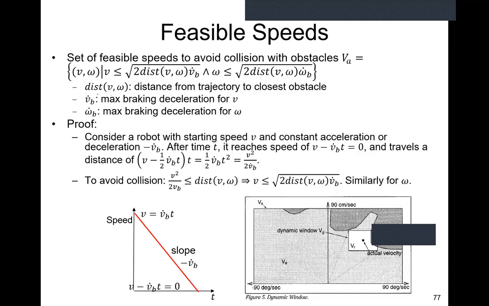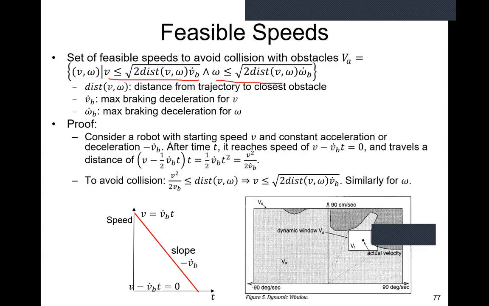Suppose dist is the distance from the trajectory to the closest obstacle. And then these are the bounds on the translational and angular velocities. So VB dot is the maximum braking deceleration for V, and omega B dot is the maximum braking deceleration for omega.